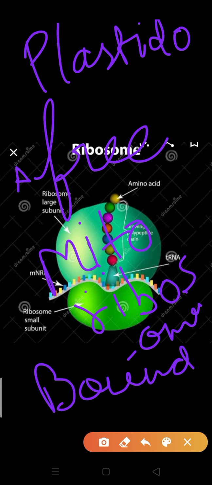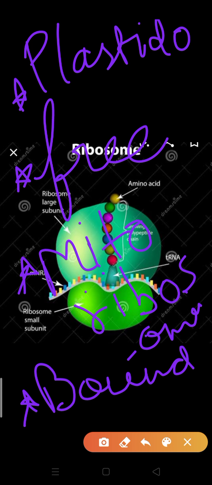So now we have seen the four forms of ribosome in the cell. In the cytoplasm, free ribosome; inside the mitochondria, mitoribosomes; in plastid, plastidoribosome; and attached to the nuclear membrane or endoplasmic reticulum, bound ribosomes. These are the forms where ribosomes are present.